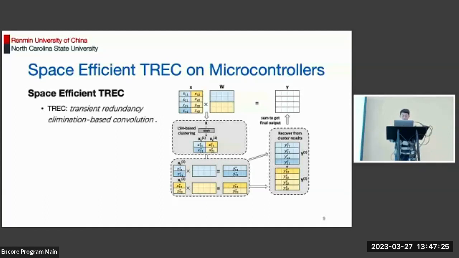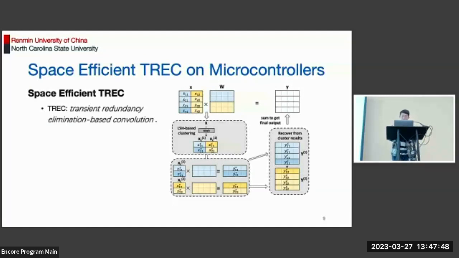In the right figure, to compute the convolutional layer, the common practice is to unfold the input images and filters into an input matrix X and a weight matrix W, and then perform general matrix multiplication with these two matrices.